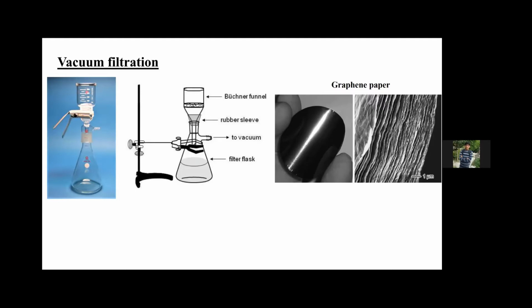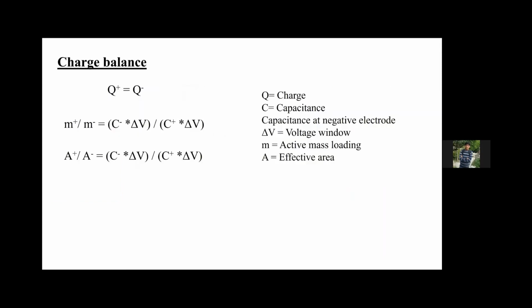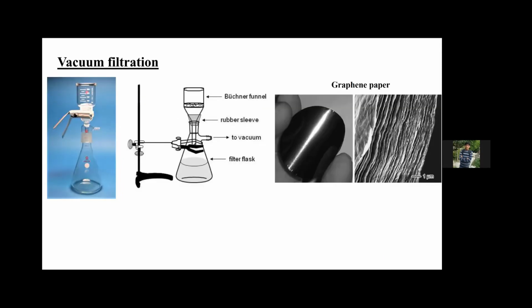Once all of this has been done, we take out this filter paper and dry it, and after that peel off the filter paper, and then we can get a very good uniform graphene paper. We can also use it in supercapacitor applications for flexible devices. Till now, we have covered different techniques where we can make the device.